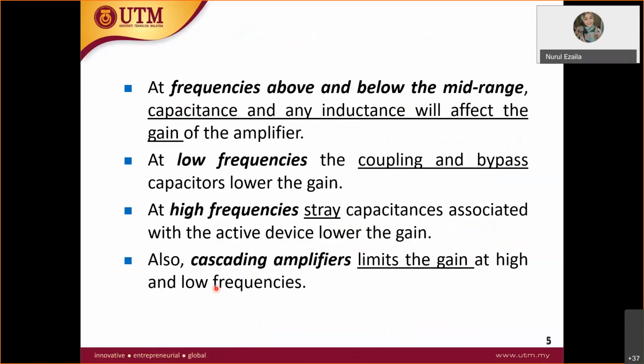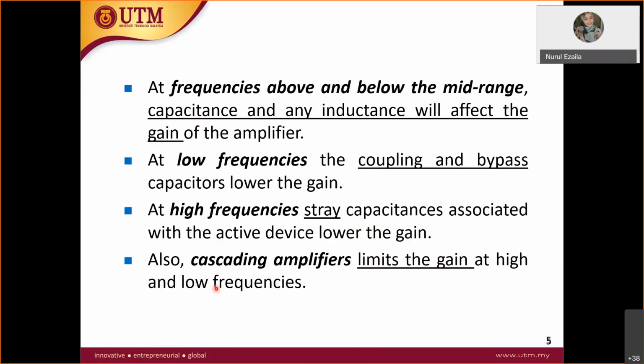During mid-band frequency, all the capacitors, for example the capacitors in AC analysis, we short circuit. But for low and high frequency, we have to consider all the capacitors, and we find the frequency at that particular capacitor.